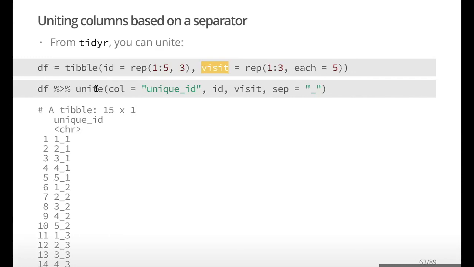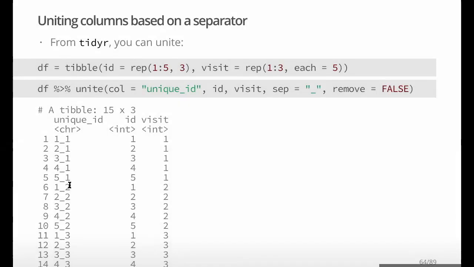So again, the first element, data set. And we're going to tell it, what is the column you're trying to create? And this column, I'm going to call it unique underscore ID. And then you give it all the columns you want to unite together. So in this case, ID and visit. And then you say, what is the separator you want to separate them with? So in this case, it would have been 1, 2, 3, 4, 5, 1, 2, 3 over and over again. And now it took that ID from this data frame, it took the visit from that data frame, and it pasted them together with an underscore.